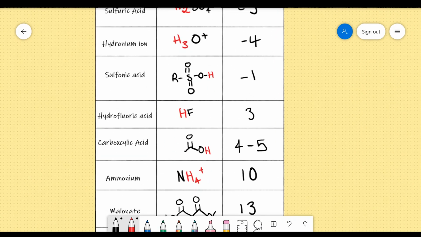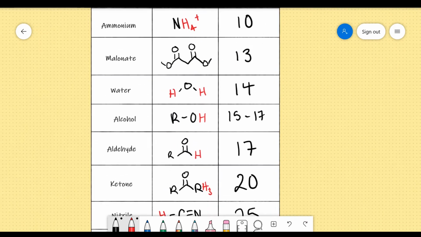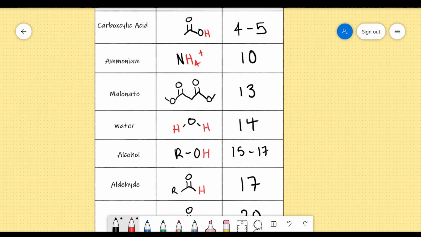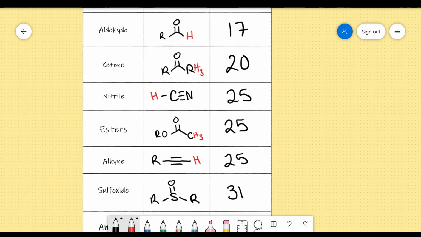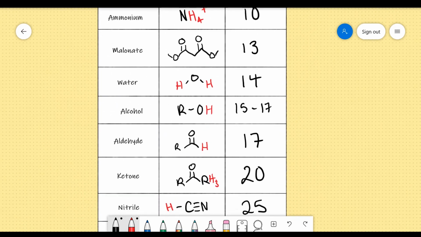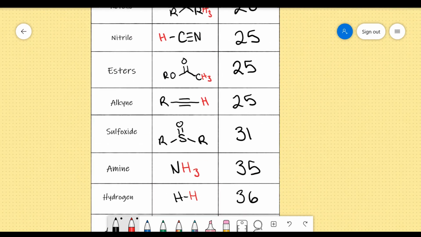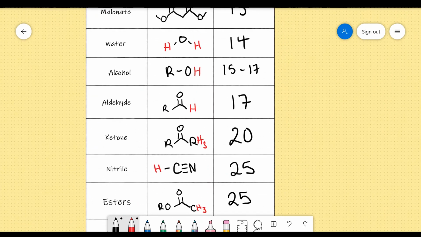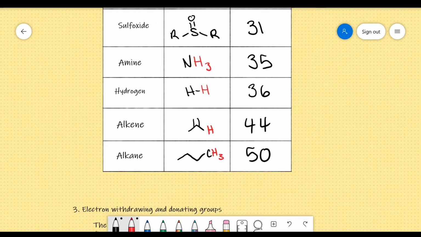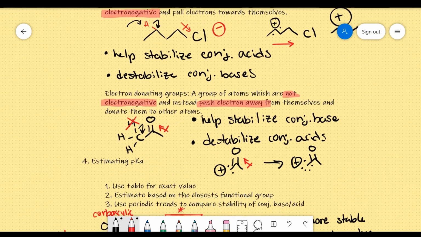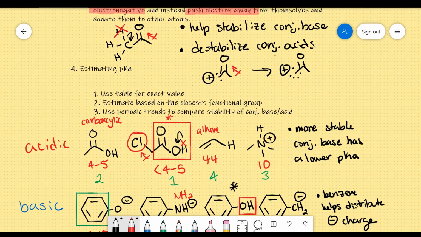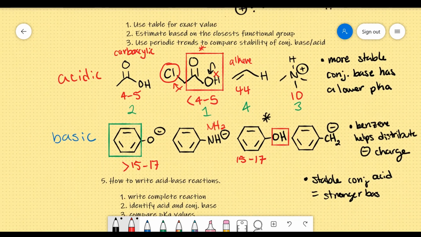So we can see that we have NH4 is 10, and then our NH3 is 35. So we know it's going to be somewhere in between there. I don't have this one written down, but I believe it's somewhere around 20 if I remember. Around 20. Okay?